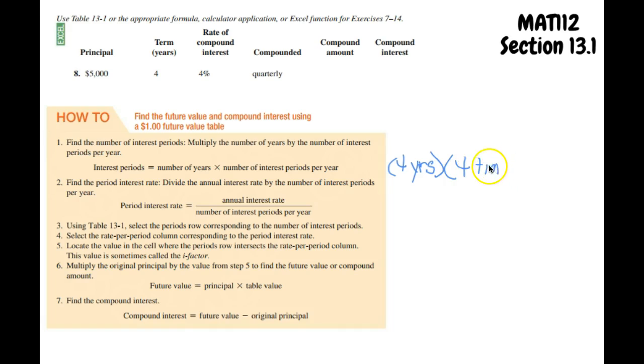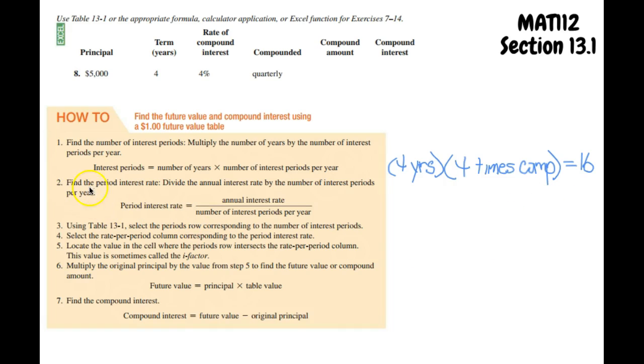My writing tool is slow today. And that's going to be 16. So it just means that there's 16 times throughout the course of this loan, in this case, that the interest is going to accrue.